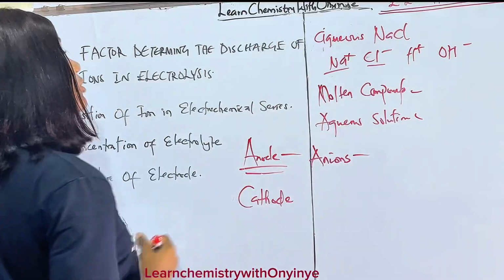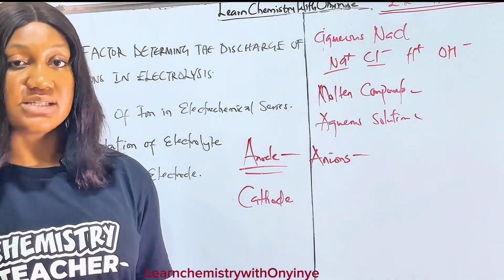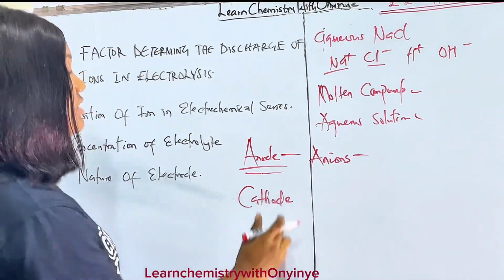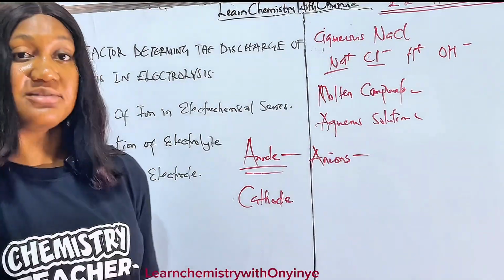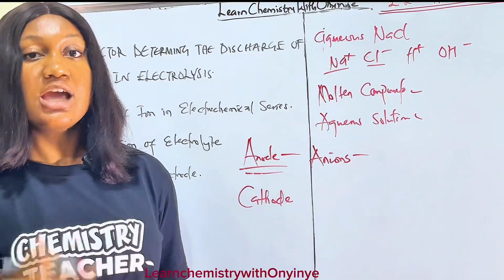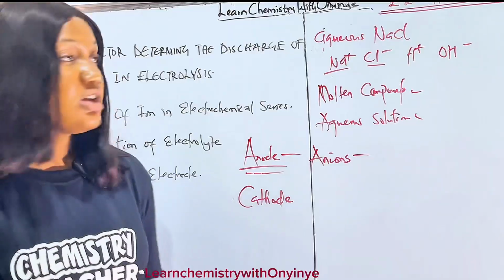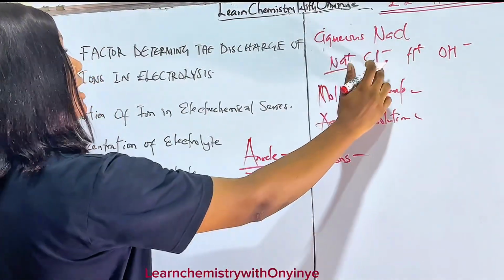So for sodium chloride now, if we have molten sodium chloride, remember molten has just the ions the compound is made up of. So what will be deposited at the anode? If current passes through an electrolyte, remember that the electrolyte is going to be decomposed and is going to dissociate into its respective ions. So once current passes through sodium chloride, it's going to dissociate into sodium and chloride.